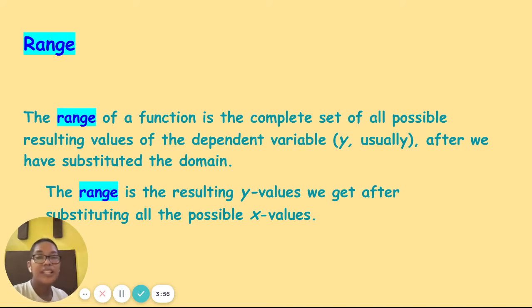So, makikita niyo po yan later on sa computation. So, bakit siya dependent variable? Ang range po or your y values are dependent variable because yung value niya po nakadepende sa value ng domain. Okay? So, kung ano man yung domain na i-substitute mo, nagbabago doon yung value ng y or ng range mo.